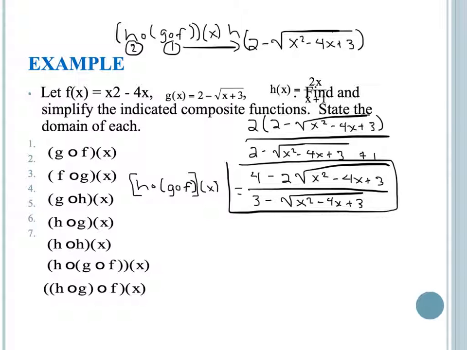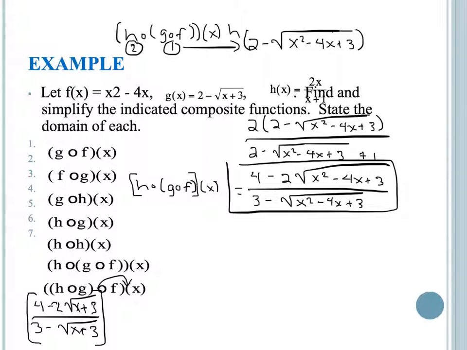So it is a fraction and now the question is, how am I going to take that and use it with the function f of x? Well, I'm going to take all of this and it's going into my f function.